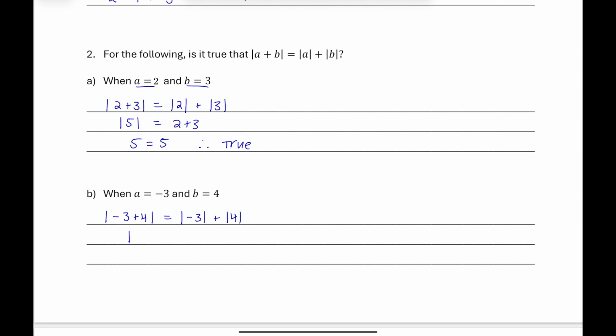So here I get the absolute value of 1 is equal to 3 plus 4. And what you'll notice is that they are not equal to each other. So therefore, false. So here, what we can say is that with the absolute value, we can't always split it up. So that's one of the properties that we have to recall. So we need to work with what's in the absolute value signs rather than splitting them up.